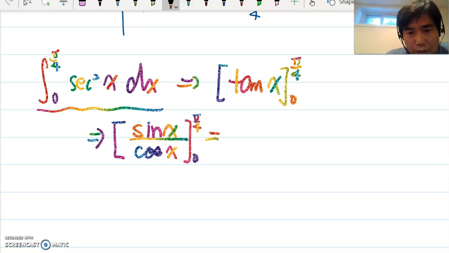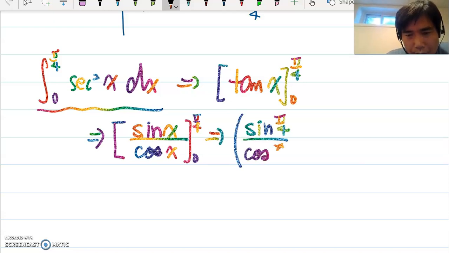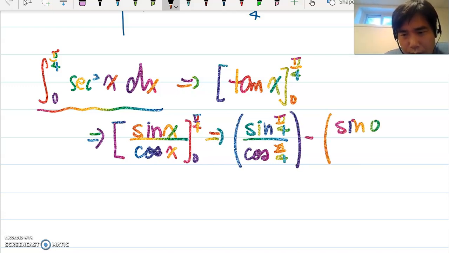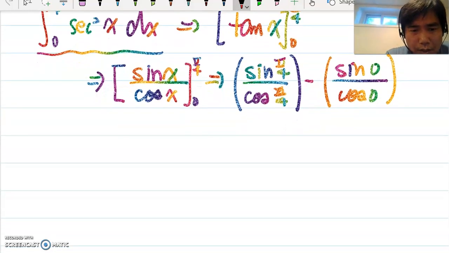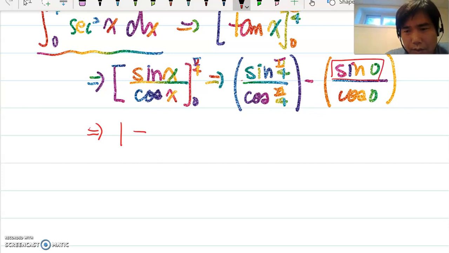Which means now we can do sine pi over 4 over cosine pi over 4, minus sine 0 over cosine 0. The sine and cosine values are the same at radian value pi over 4, so this becomes 1. Minus, sine 0 is 0, cosine 0 is 1, so 0 over 1 becomes 0. So the answer becomes basically 1.